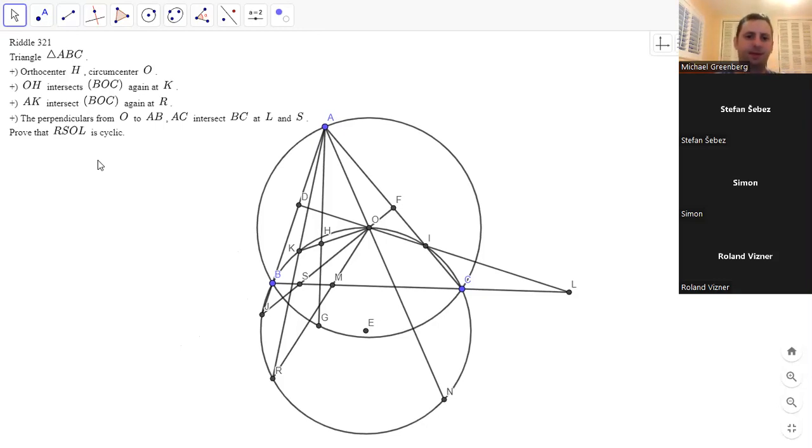All right, so K, M, and N. Let's see. Maybe Pascal's theorem or something.